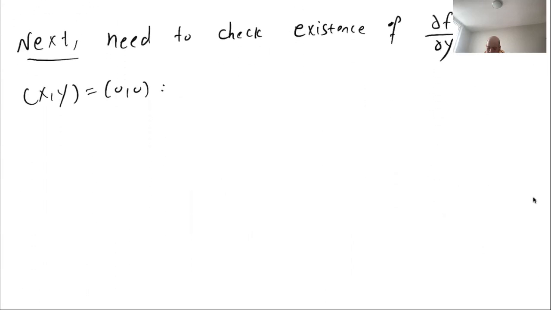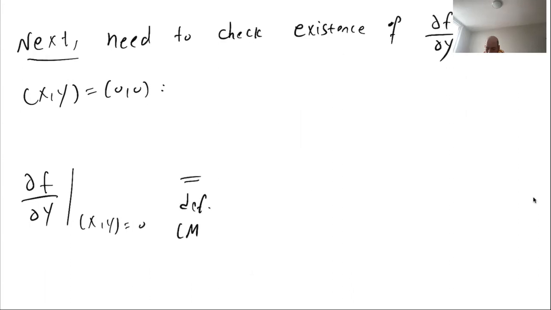So how can we do that? Basically df to dy at x and y equals 0, according to the definition, this is a simple exercise in math 213.